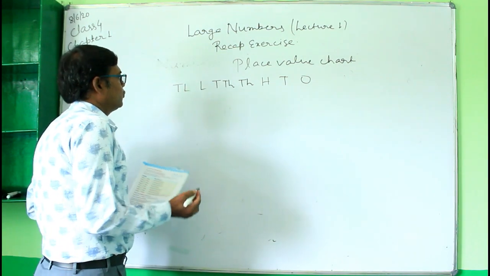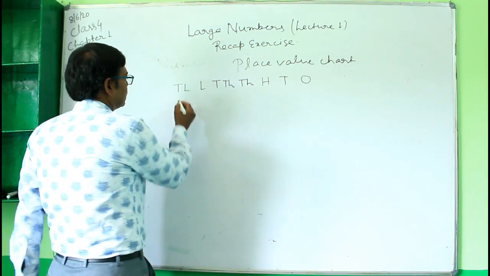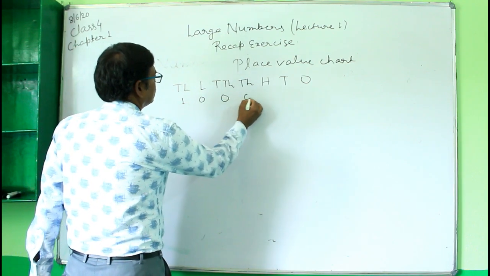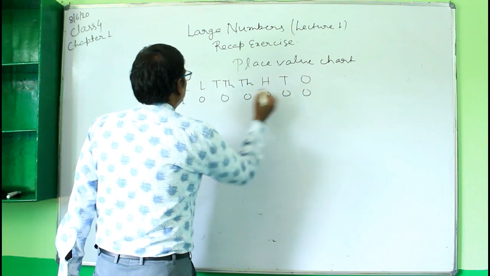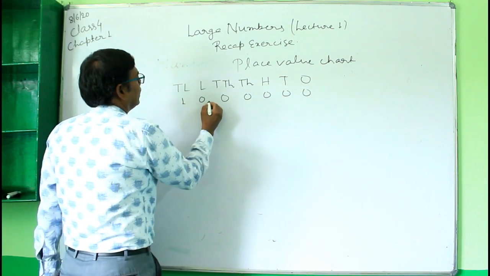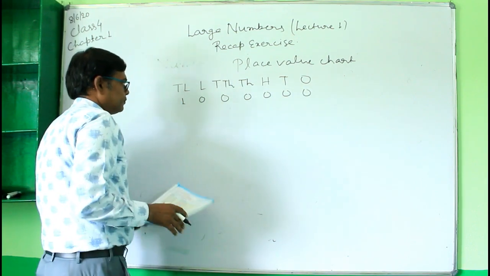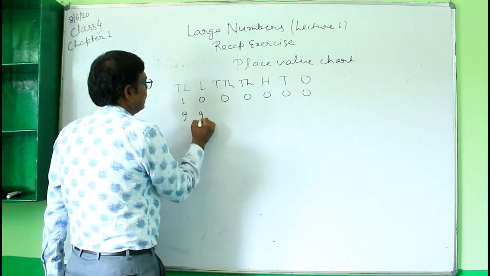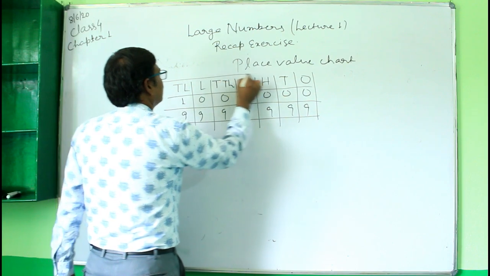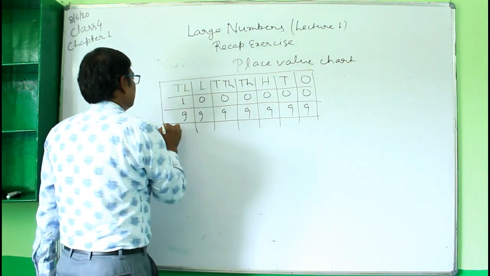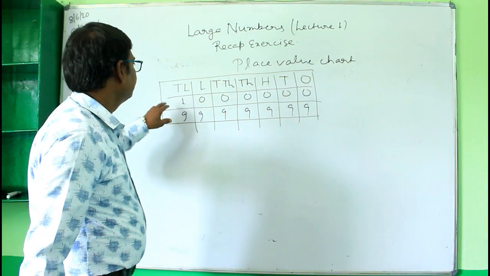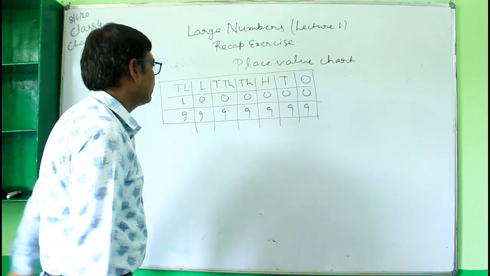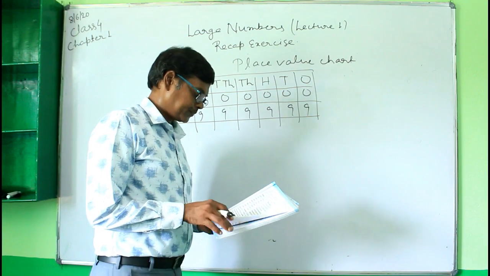For example, if you write 10 lakh, 1 will be here and 0 will be here, and 0, 0, 0, 0 and 0. So this is 10 lakh. Suppose you want to write the largest 7-digit number, that will be 99 lakh 99,999.